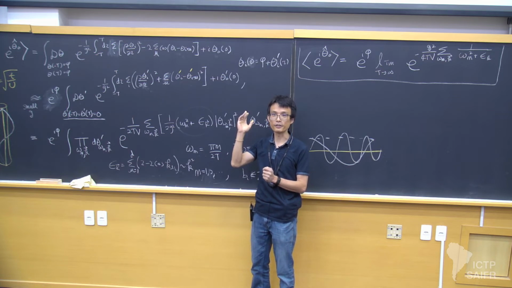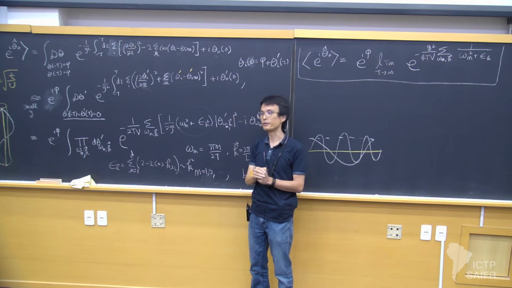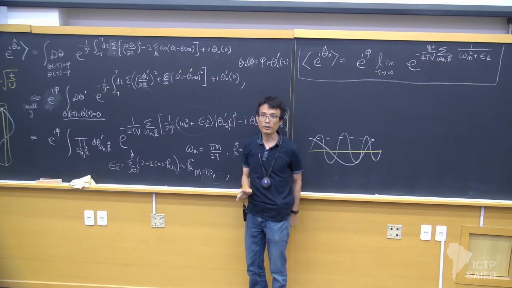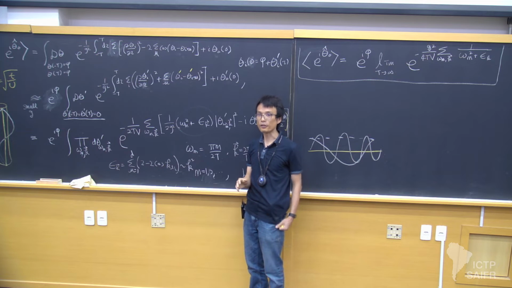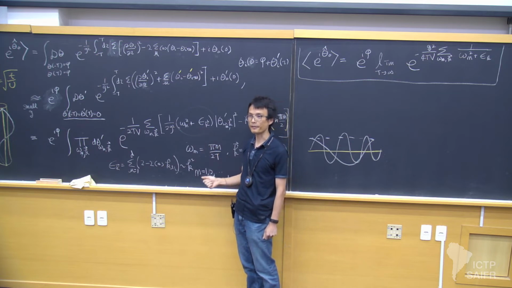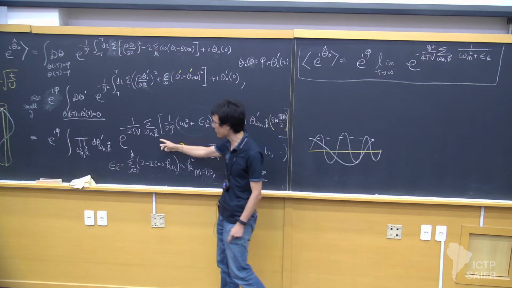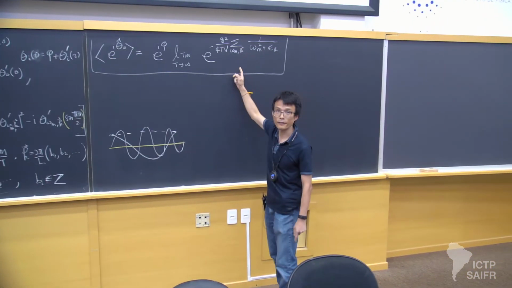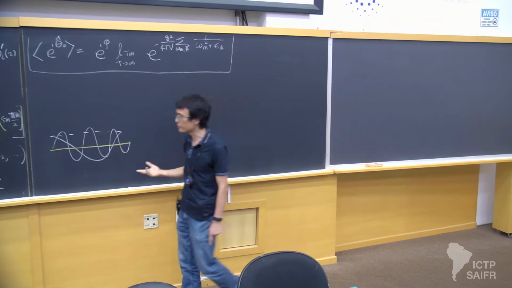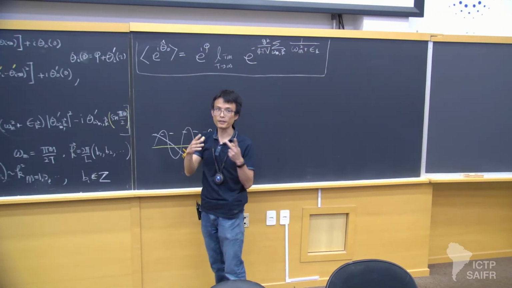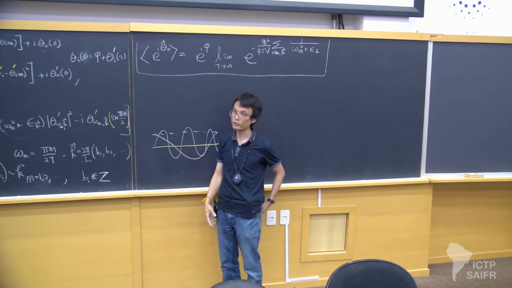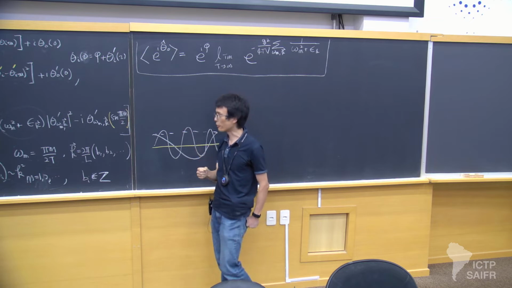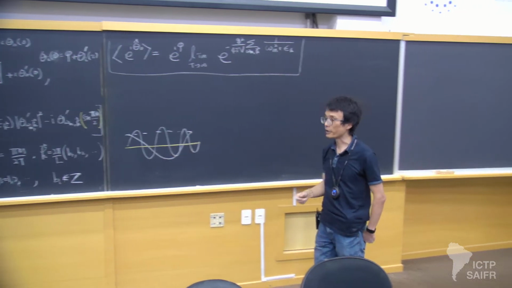The Gaussian integration. Okay, some of you. If you have not done it yet, I strongly encourage you to do it. If you do the Gaussian integration here, then you arrive at this expression. We are not going to derive this, but it is straightforward. It's in the lecture note, and it's homework 3. So I encourage you to do it.